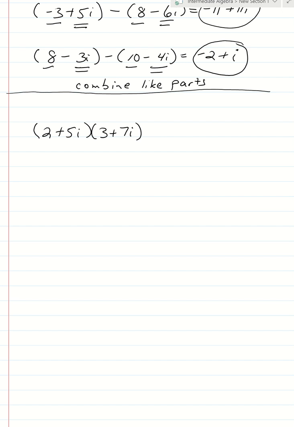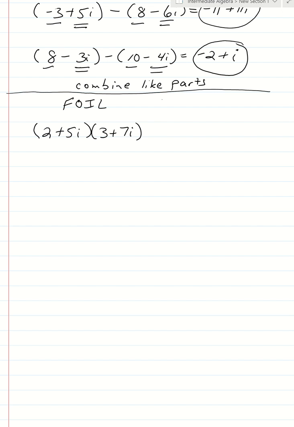Now, we saw problems like this in an earlier chapter, where once again we were multiplying a polynomial, a binomial, with another binomial. And think about what we had to do there to multiply the polynomials. That's right, we had to FOIL. So we're going to have to FOIL these complex numbers.